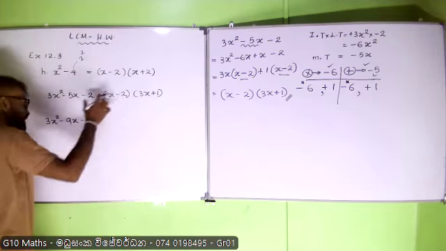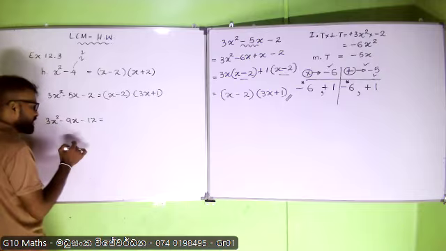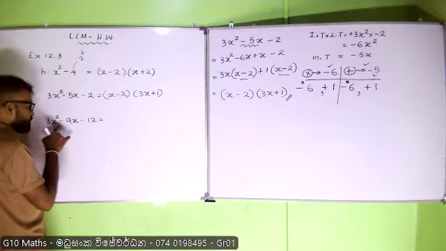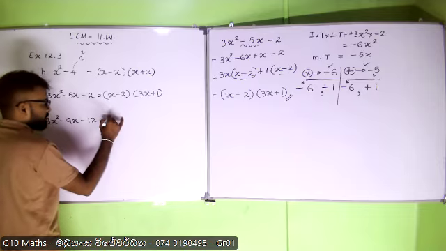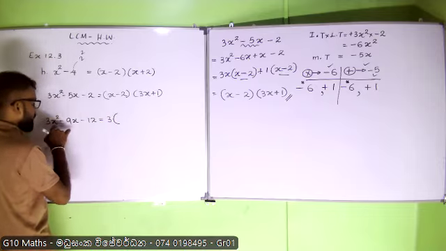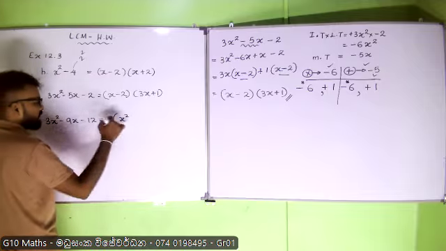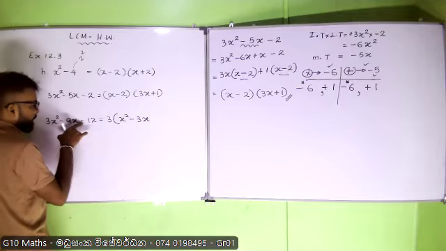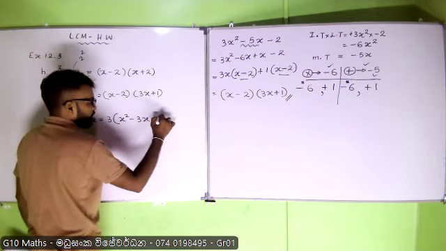Before doing this factorization, I will take 3 out from this because I have seen this 3 is a common factor for all of these numbers. So 3 can be taken out from the bracket so that I can have something like x squared minus 9 divided by 3, 3x minus here 12 divided by 3, 4.